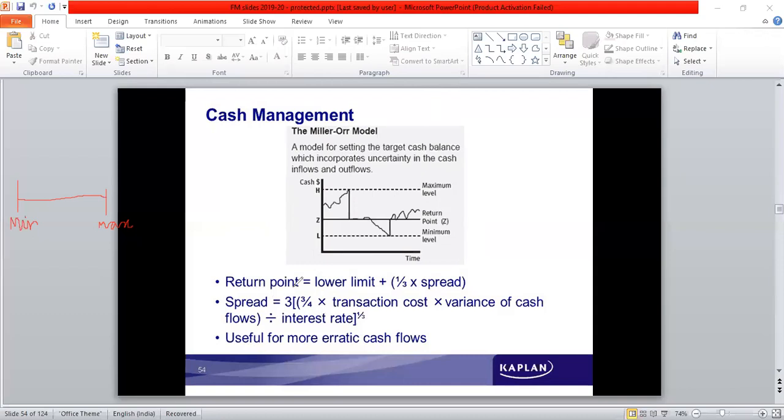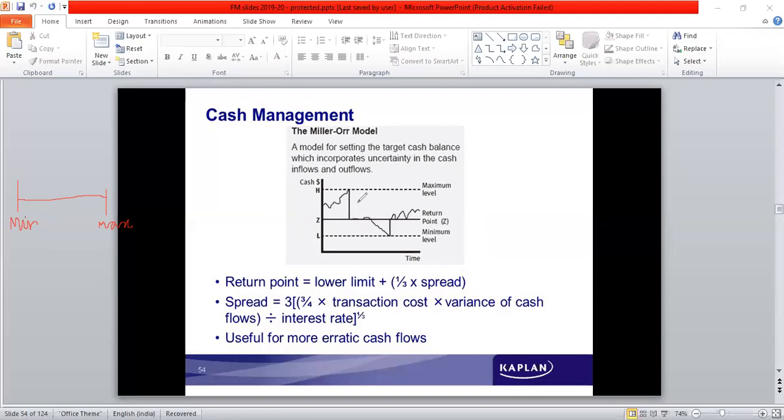It says that when the cash balance is fluctuating, let's say some amount of cash, day in and day out they receive cash, they pay cash. So managing that cash, if they see that the balance of cash is exceeding the maximum level, once it crosses beyond the maximum level, it becomes idle funds with no return on those idle funds.